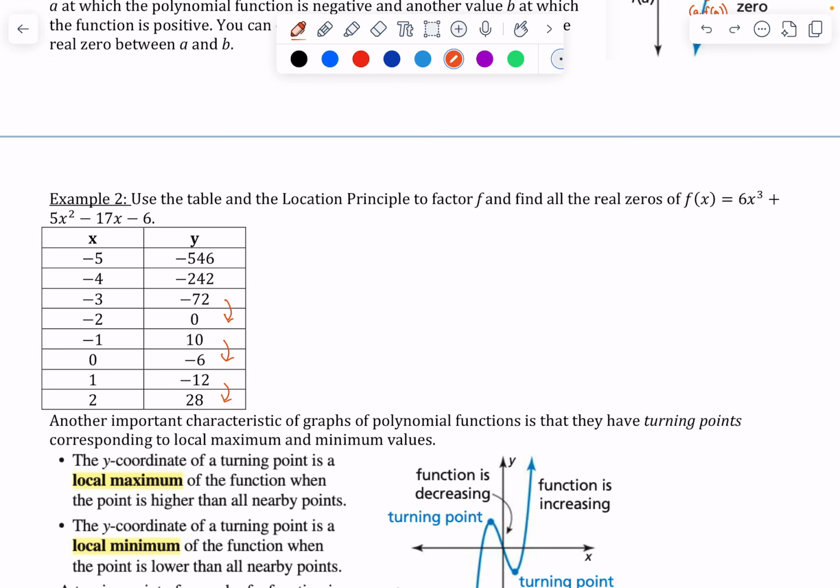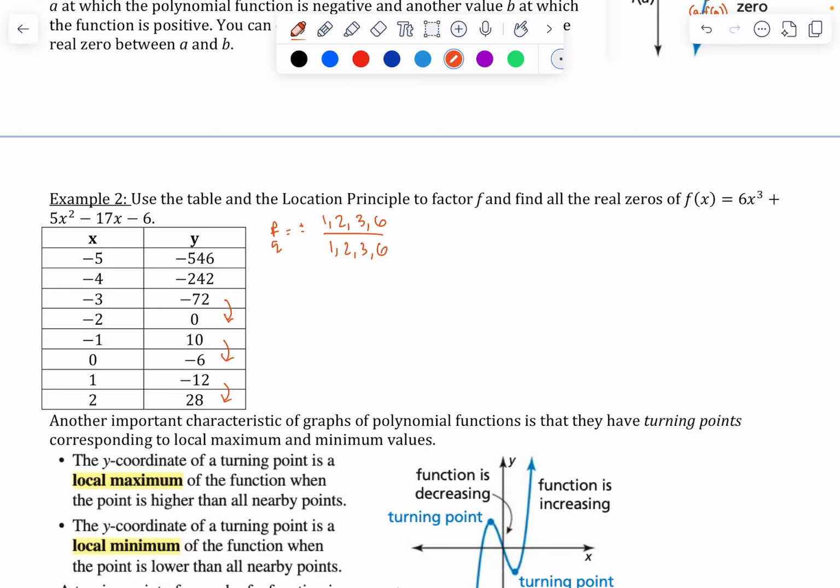Now the function, I can't factor by grouping, so I have to use the rational root theorem. So that's p over q, factors of 6, so that's 1, 2, 3, and 6, over factors of 6, 1, 2, 3, and 6.